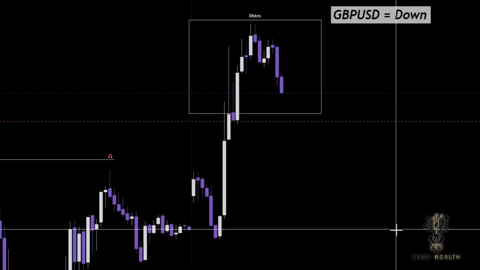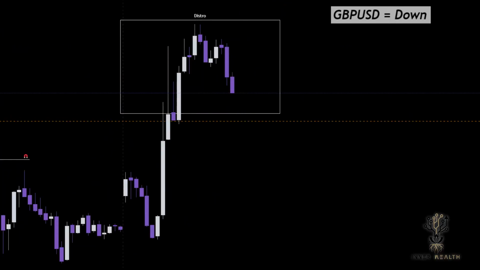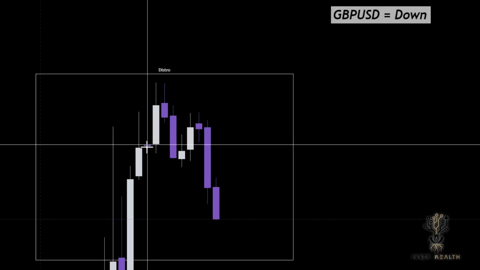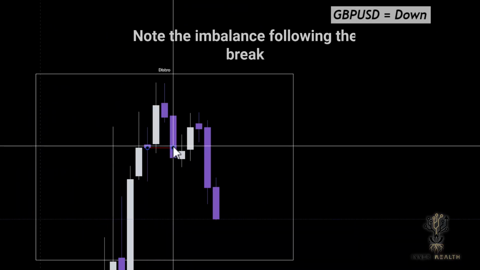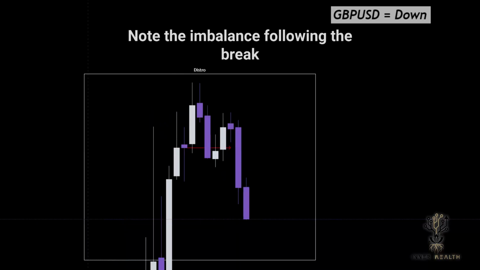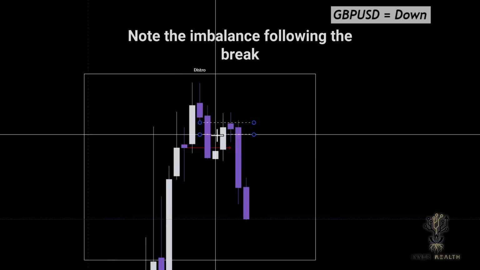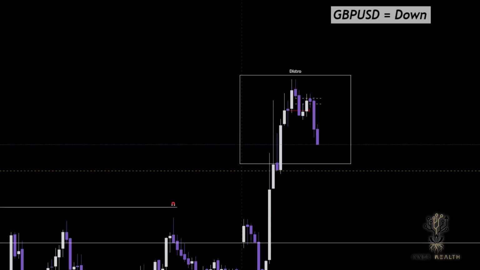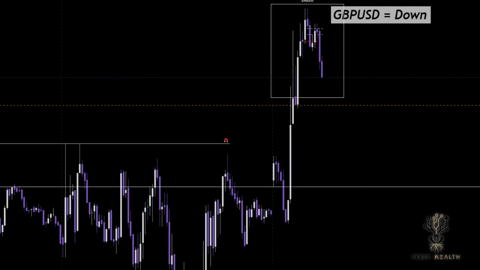And here on the 15-minute, you guys can see a nice distribution took place here. Nice break of structure there. We come into that imbalance. Remember, imbalances are always our entries, and then we get that distribution above the highs, right, inside that daily imbalance.